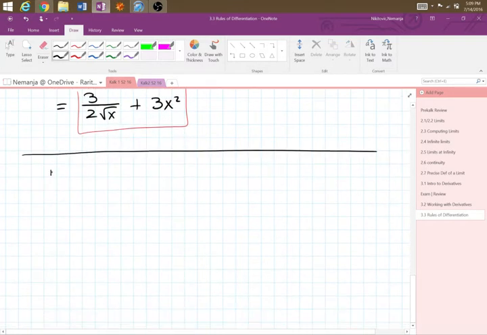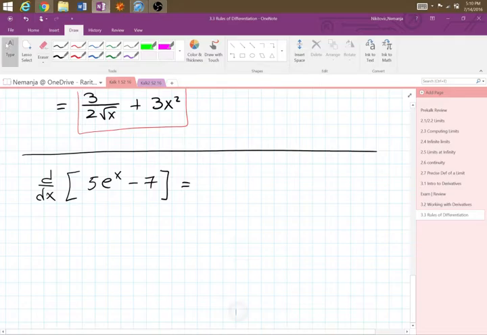Next example, let's take a look at the derivative of 5e to the x minus 7. So what do we get? 5e to the x is correct.